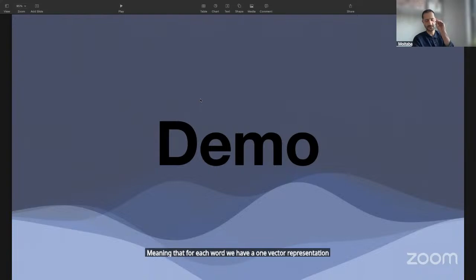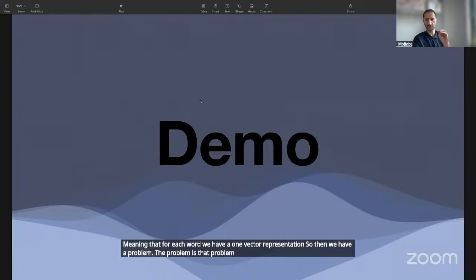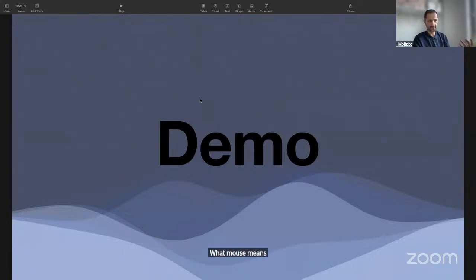The problem is that a word like mouse can be keyboard and mouse, and it can be a rodent. For a word like mouse, we have one vector representation. We don't make any differentiation of what mouse means in this context.